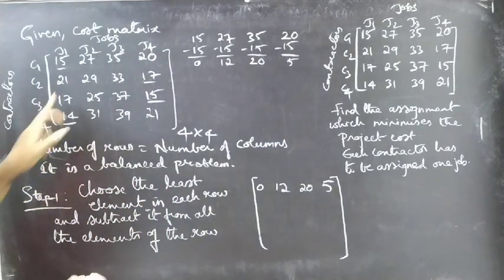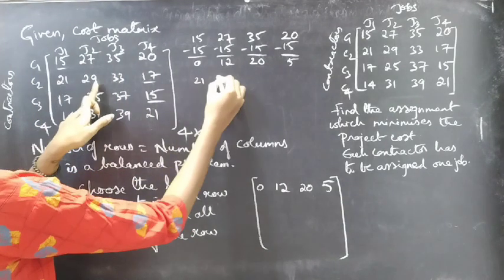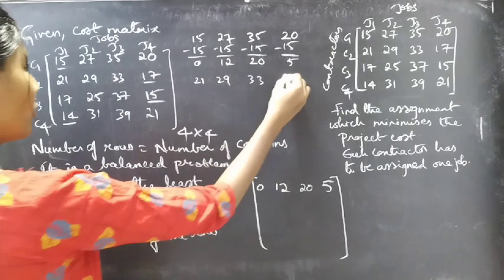Now coming to the second row, you have 21, 29, 33, 17, right?